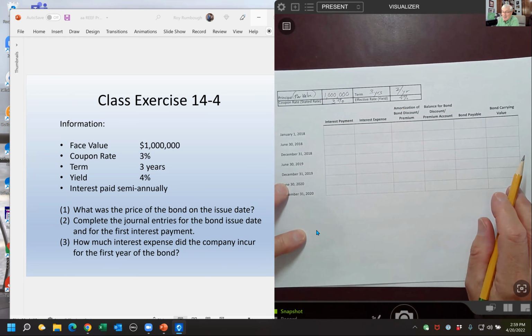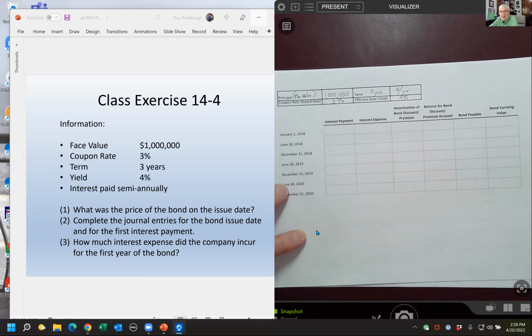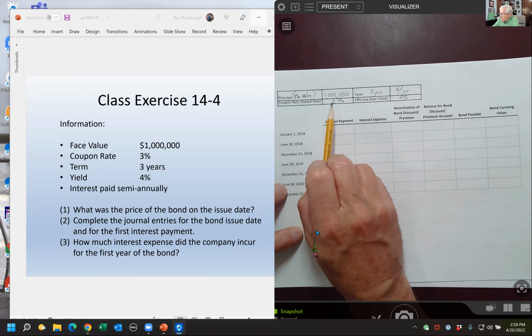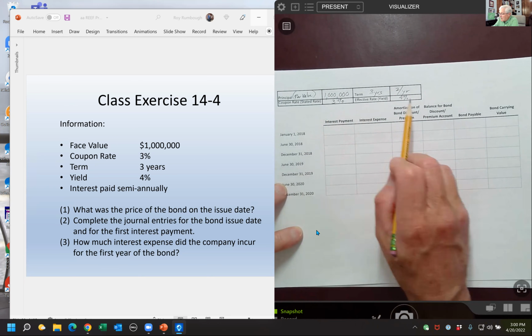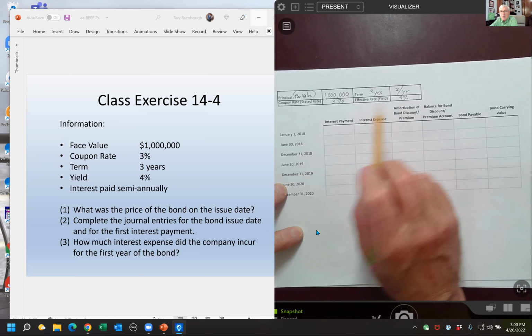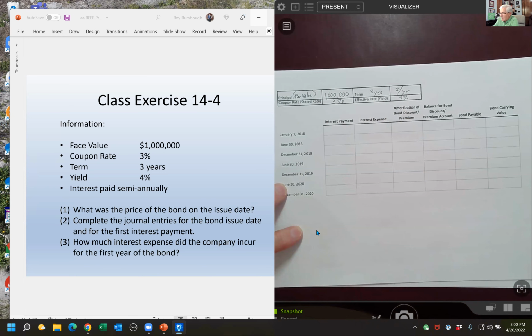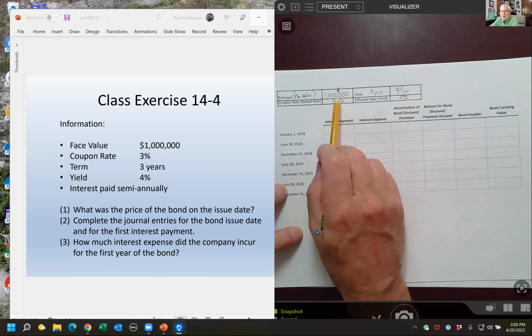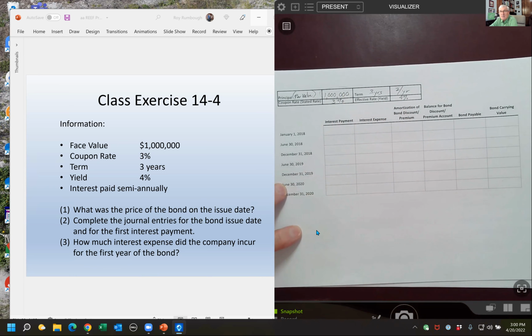We're only paying 3%. So the value of that bond is going to be less than the face value. By the way, if the coupon rate was 4% and the effective rate was 4%, we're paying exactly equal to the market rate. The fair value of that bond would be $1 million, and the price of the bond would be $1 million.